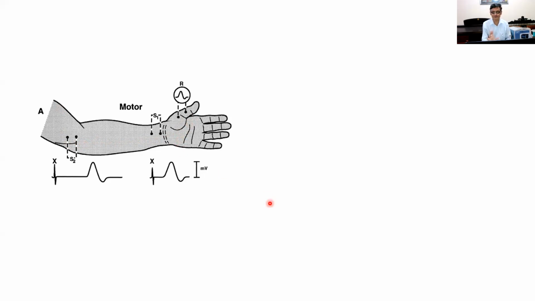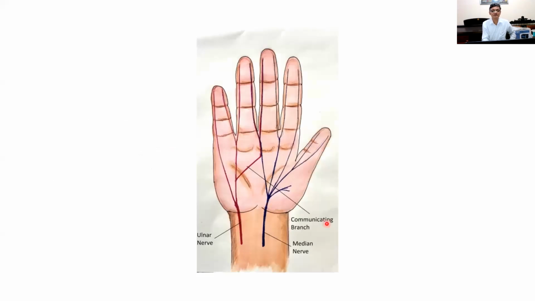Okay, so this is the distribution of the nerve supply. The ulnar nerve supplies the little finger and half of the ring finger, and the outer border, the radial border, 3.5 fingers, is supplied by the median nerve, right?